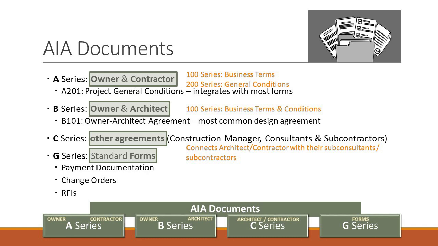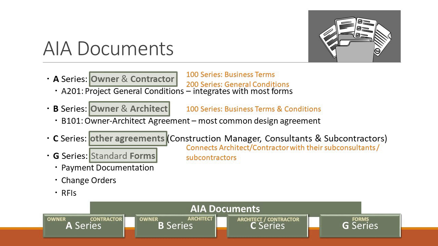So anytime you see the preface A and then a number beyond that, you're going to say, oh, this is between an owner and a contractor. And that's the simple thing. I've always found it somewhat perplexing that they are the AIA documents, which is the American Institute of Architects, and that the A series, not because it starts with an A, but that the first series in the alphabet isn't the owner-architect agreement.